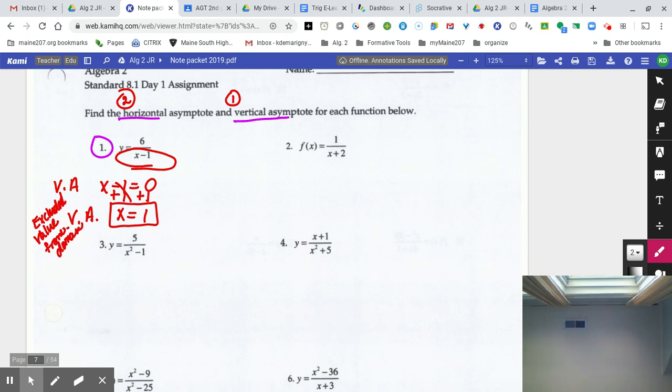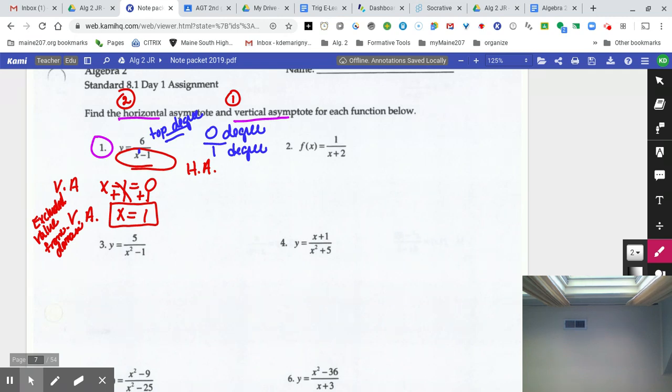The next thing they asked me for is the horizontal asymptote. For the horizontal asymptote, I just evaluate top degree versus bottom degree. I'll switch this one to blue. My top degree, if there is no variable, remember that it's a 0. And my bottom degree, it has an x to the first, so it's a 1. So I have a 0 degree on top and a 1 degree on the bottom.